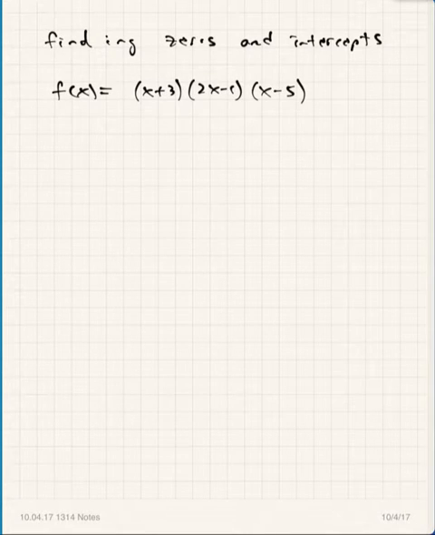All right, so let's practice a little bit with what we've just talked about. First of all, the degree for this polynomial function. You have 3 factors in there, all have x to the first, so the degree here would be 3. The leading coefficient: you have an x, a 2x, and an x, so you're going to end up with a 2x cubed, so the leading coefficient's 2, which means it's positive.